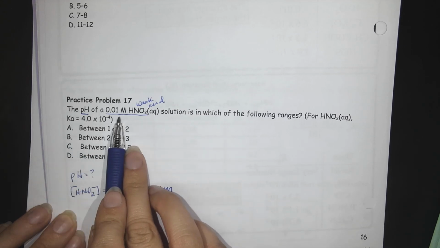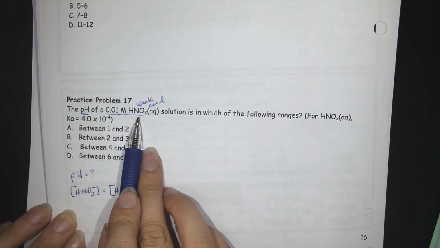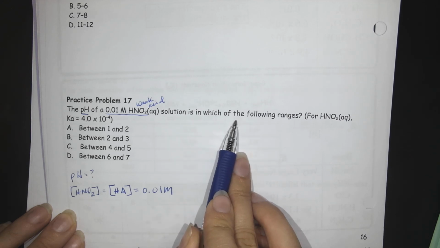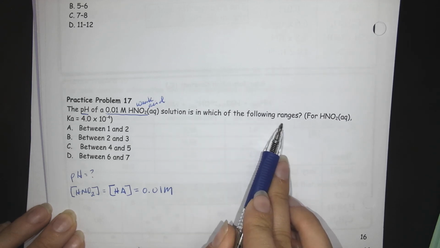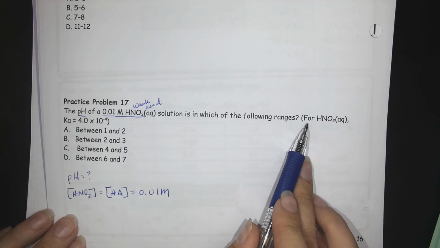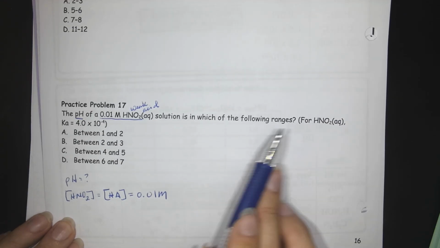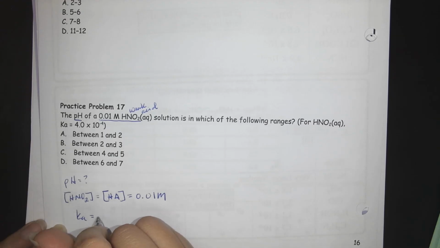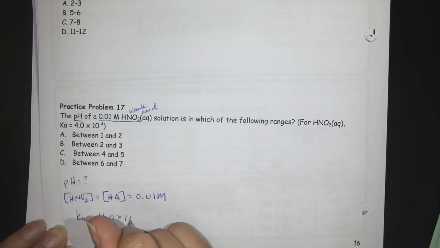The pH of the 0.01 molar HNO2 solution is in which of the following ranges? And so we're solving for pH. For HNO2, our Ka value is 4 times 10 to the negative 4.